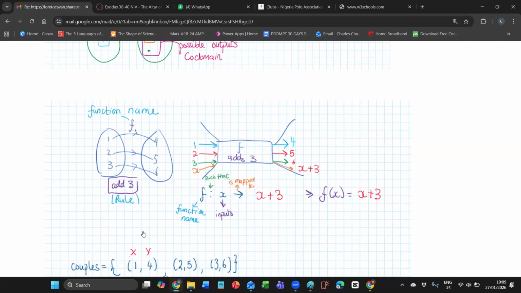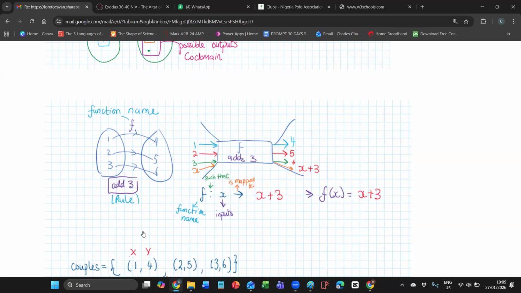Now, what I equally want to bring to your attention is the way we write the independent and the dependent variables.